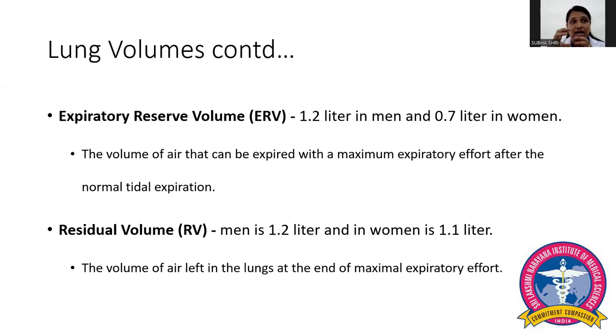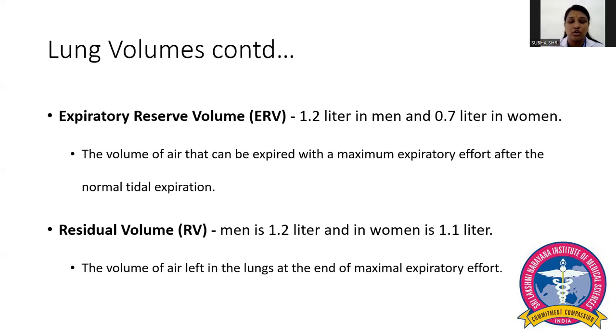Rather, it is the air that is remaining in the lungs after a maximum expiration. So all of you expire maximally. After a maximum expiration, there will be a little amount of air still remaining in the lungs. That is called residual volume.